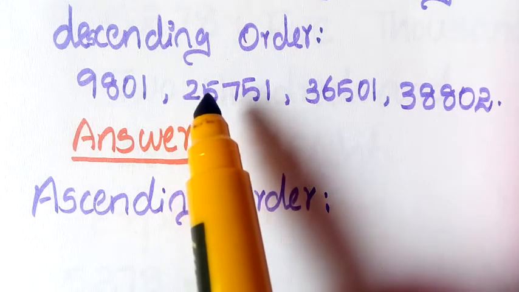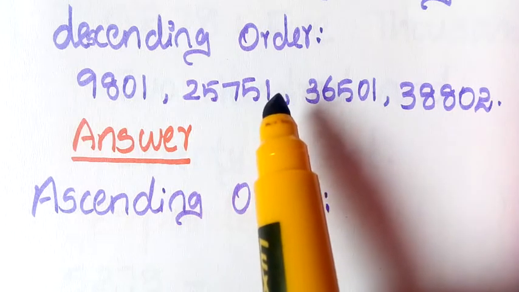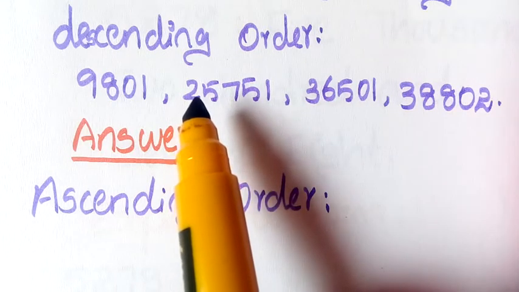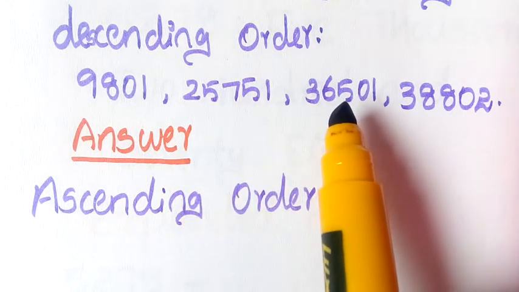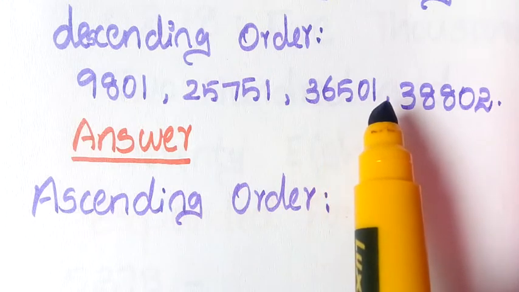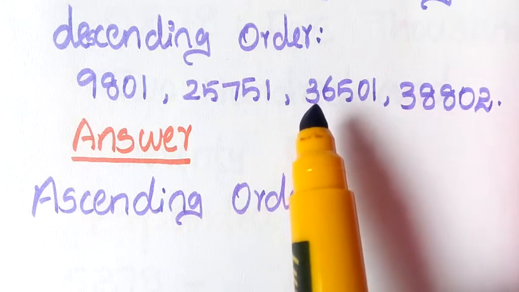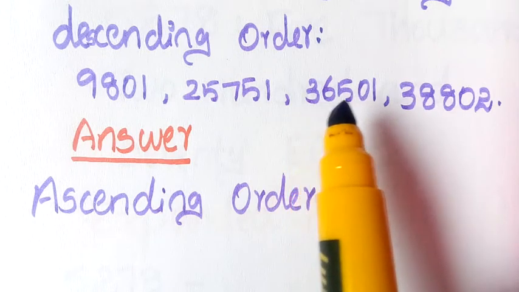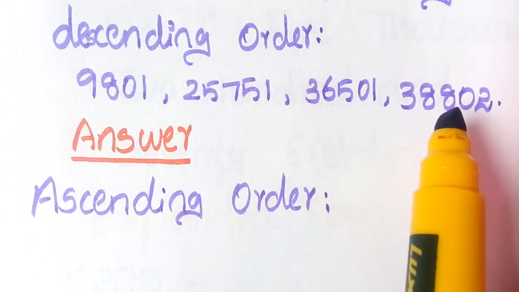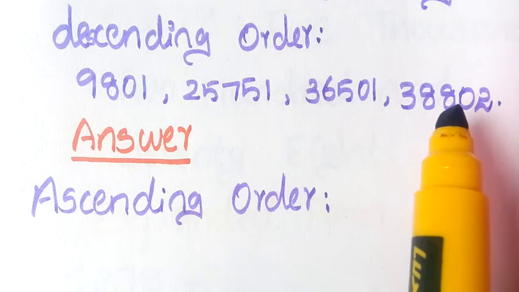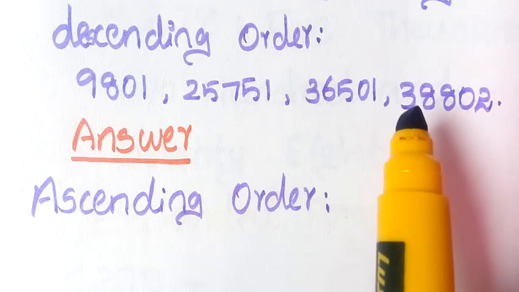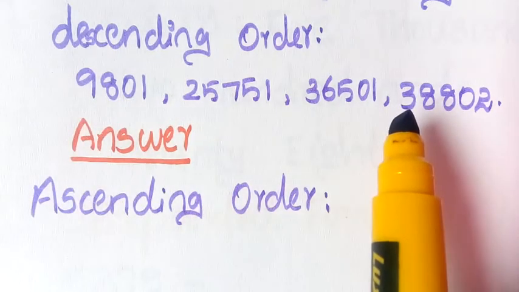So 25,751 has 2 10,000s. In 36,501 we have 5 digits and it has 3 10,000s. 38,802 also has 5 digits and this number also has 3 10,000s.